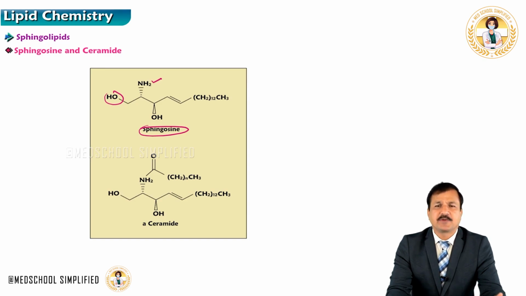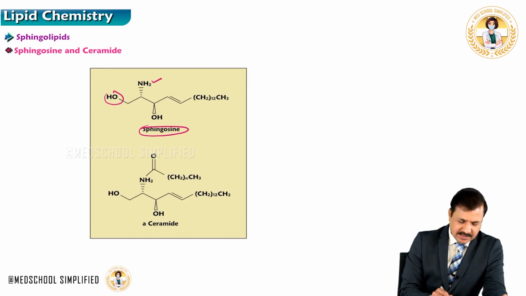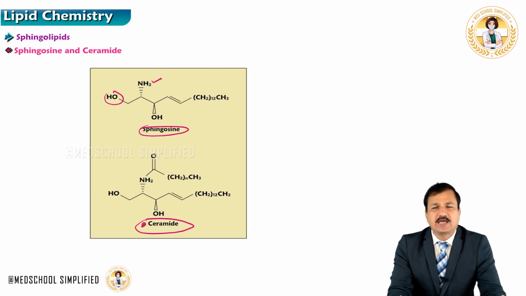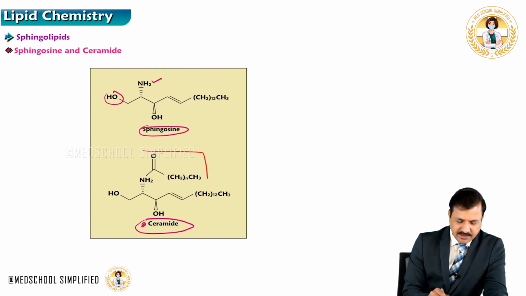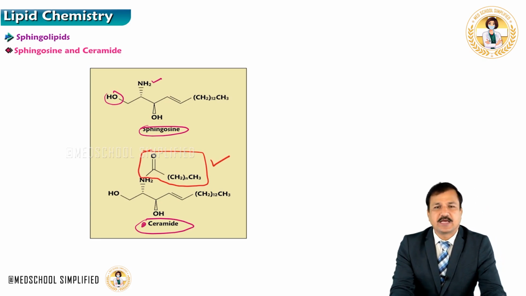The purpose of sphingosine is to make another molecule called a ceramide. As you see here, a ceramide is a fatty acid attached to the amide group of this long chain alcohol. As you can see here, an amide group is further attached with a fatty acid. That makes a ceramide.